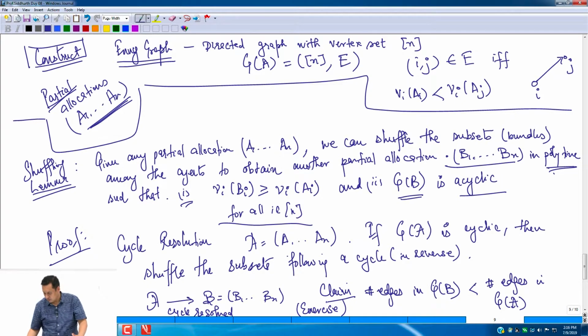Again, it's an instructive exercise, so I do welcome you to finish it offline. But assuming, having faith in this lemma, what is the nice property about acyclic directed graphs?